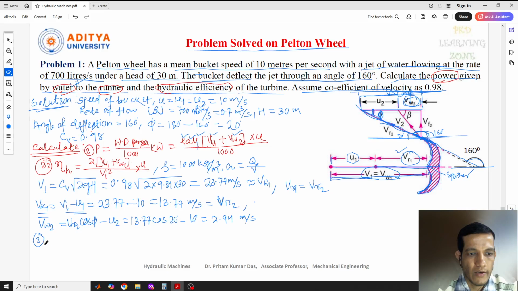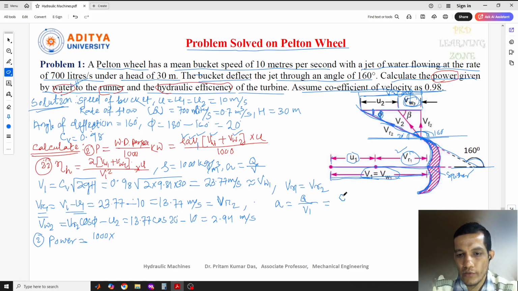Now we need to find out the power required. Power equals the formula divided by 1000. One more thing is the area. Area can be calculated as Q by V1.